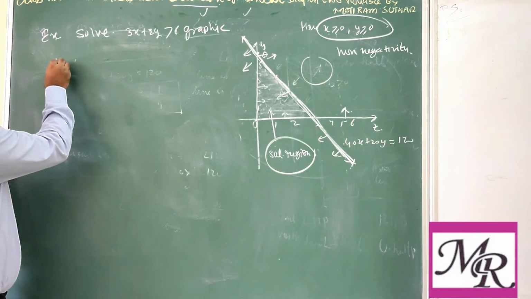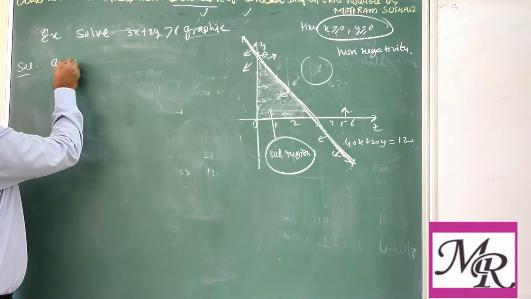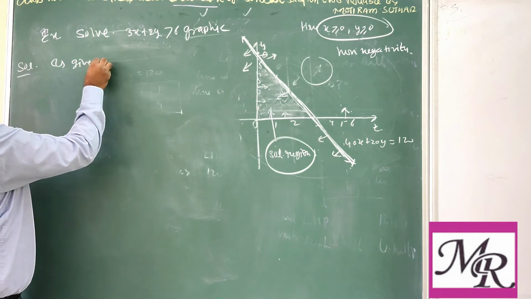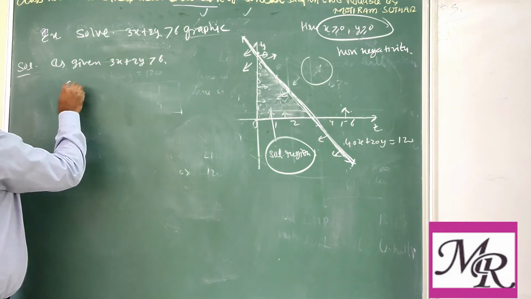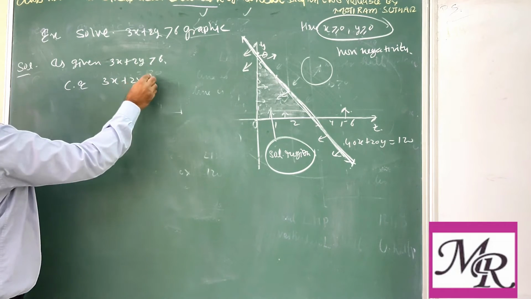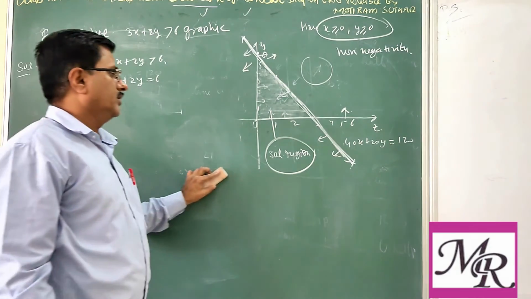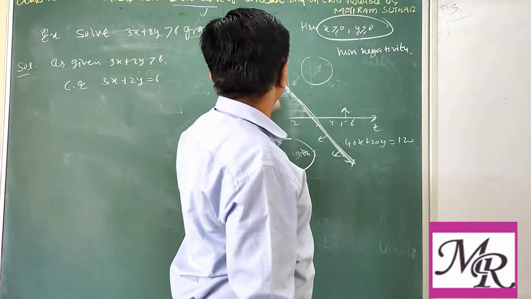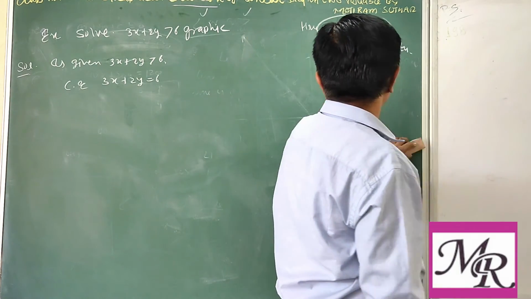So in the solution you write: as given, the inequality is 3x plus 2y greater than 6. So you write the corresponding equation. This inequality sign is now converted into an equation. Then we know how to represent it on the graph paper.